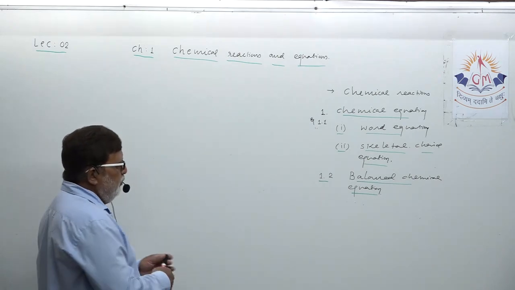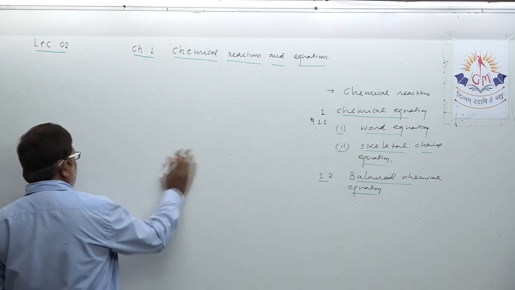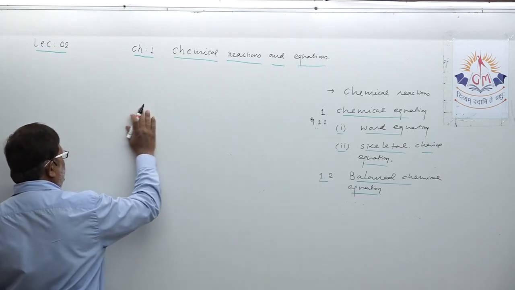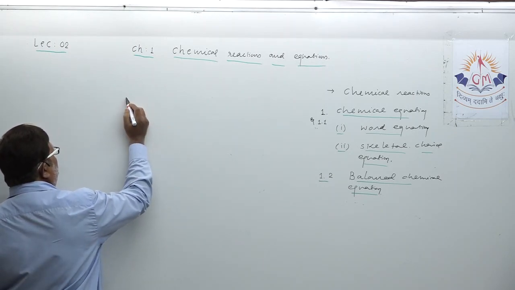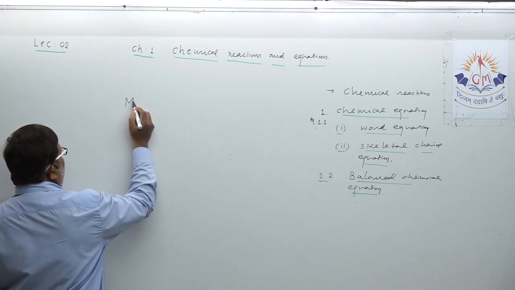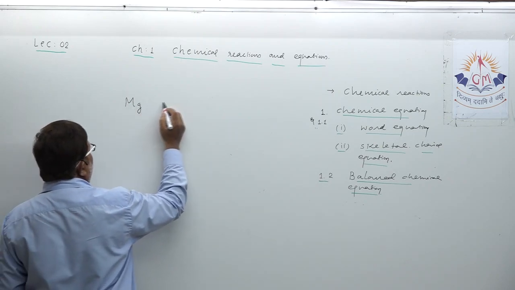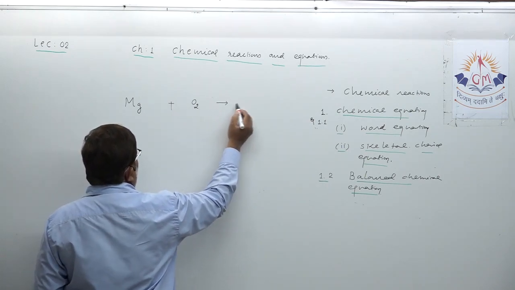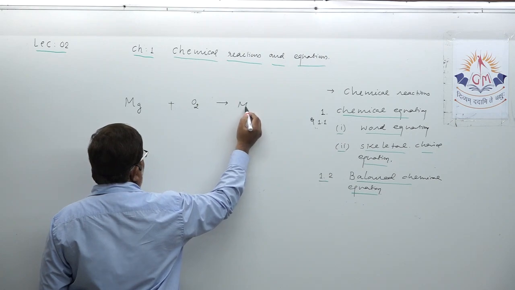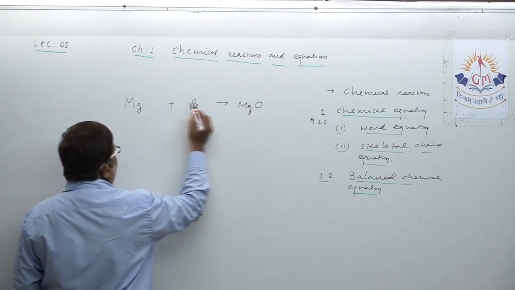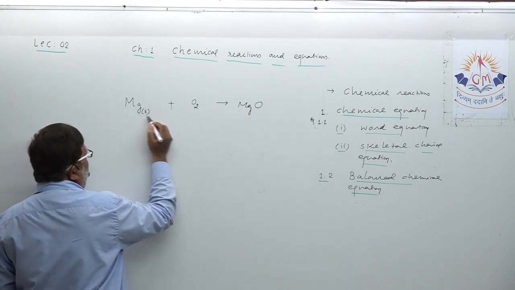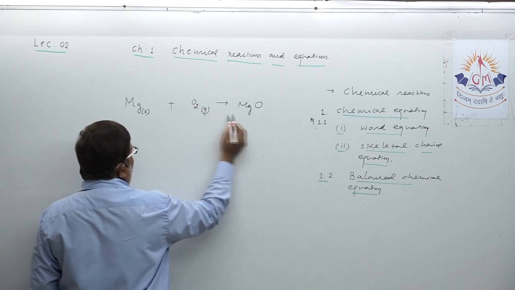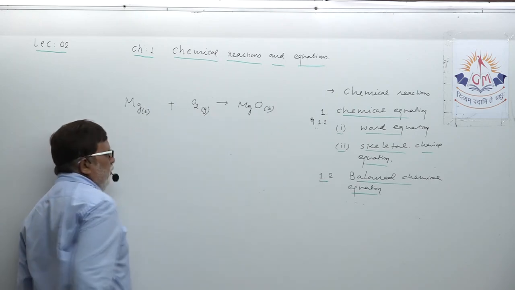Okay. Suppose I write the just now discussed chemical equation here. Magnesium plus oxygen, we all know very well, gives magnesium oxide, where we have also written the state. Okay, now try to understand.